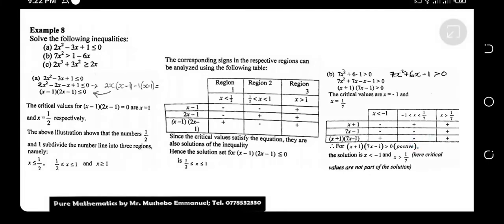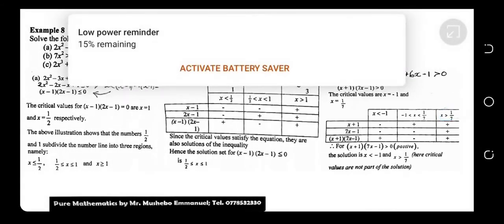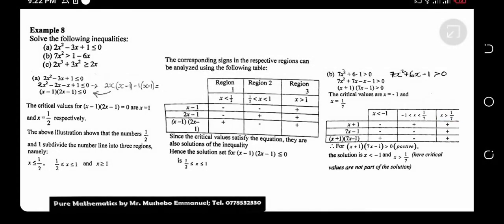And then lastly, beyond 1 out of 7, in that range, we can pick 1. When you put it in the first factor, we get positive. The second factor, we also get positive. So positive times positive, the overall answer will be positive.